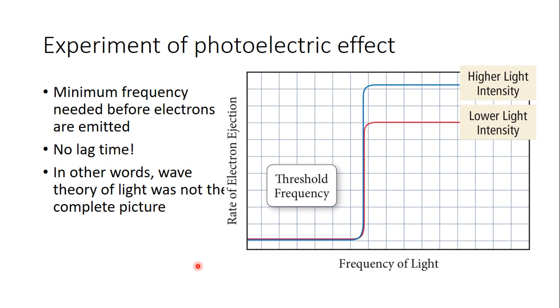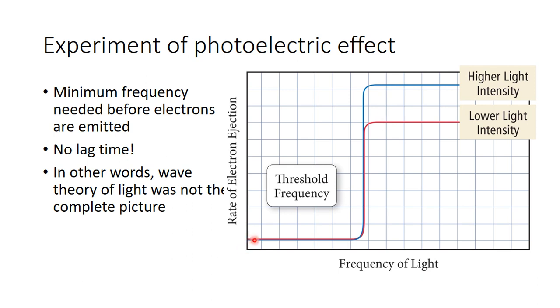Let's take a look at the actual experiment. In this experiment, we have two lights being shone at two different pieces of metal. Here are the frequency of light and the rate of electron ejection. Blue is a high intensity light, more energy. Red is a dimmer light.